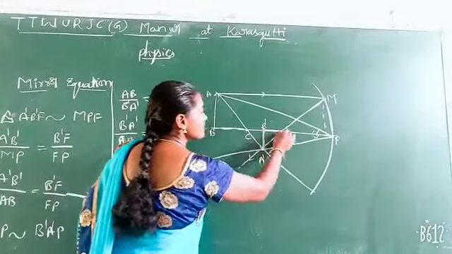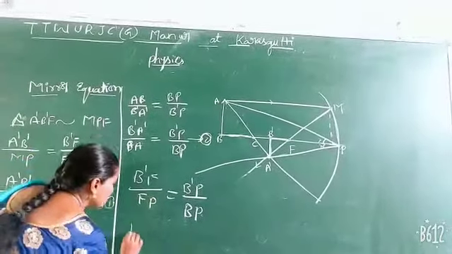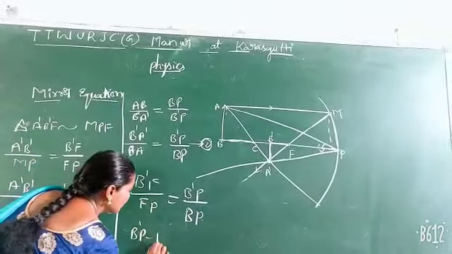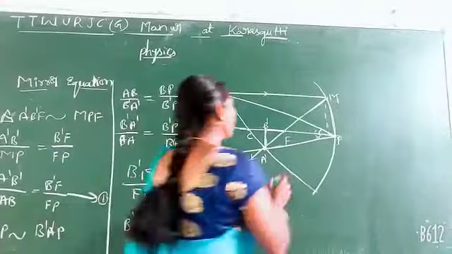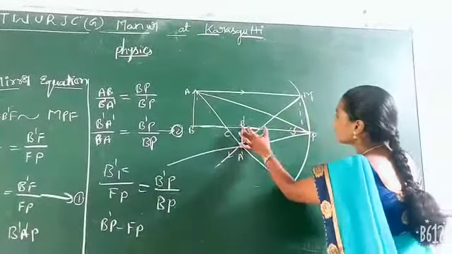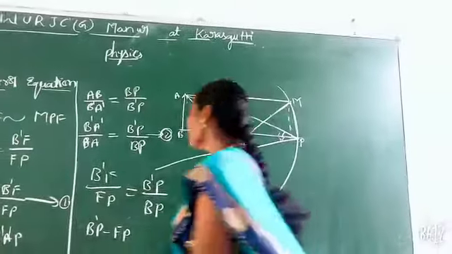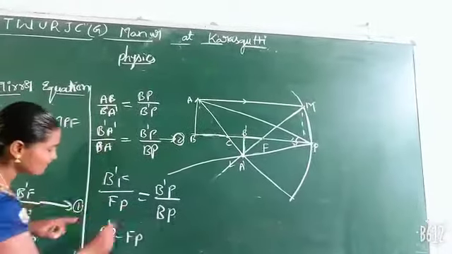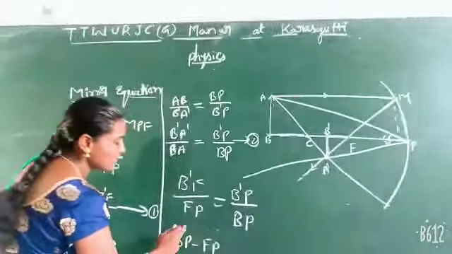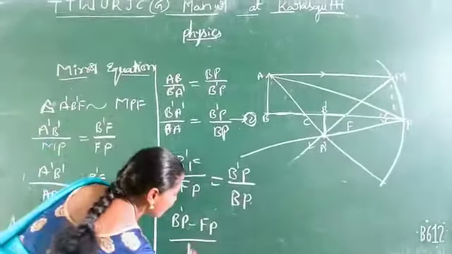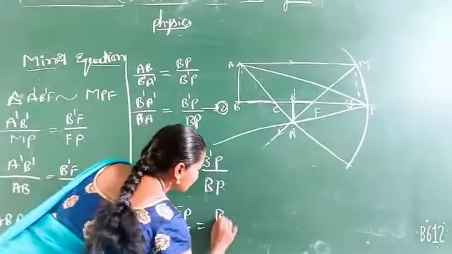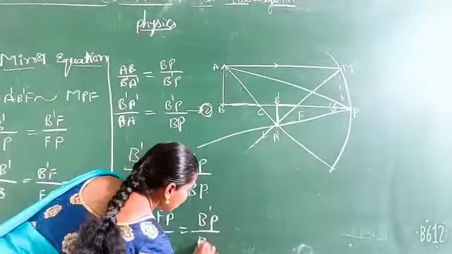This distance can be written as B dash P minus FP. If we subtract FP from B dash P, you will get this distance. So B dash F can be written as B dash P minus FP, by FP, which is equal to B dash P by BP.